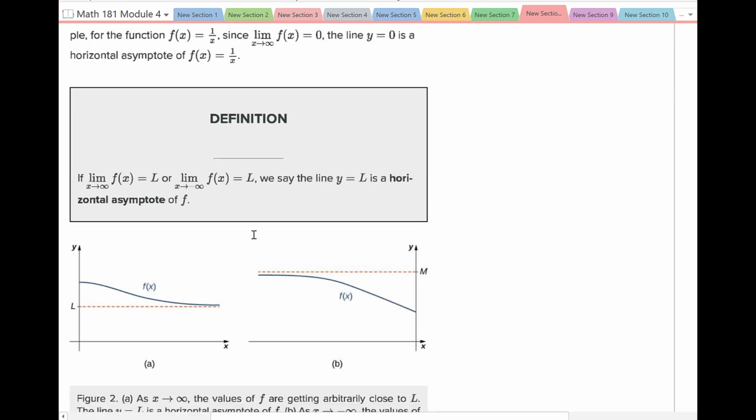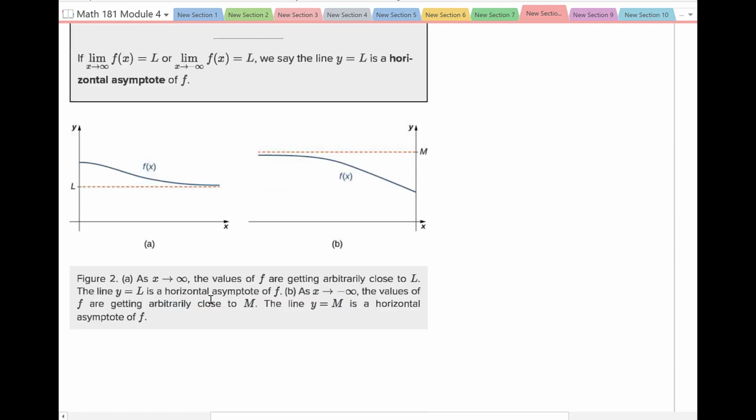So here's a definition. If the limit as x approaches infinity of f of x equals L, or the limit as x approaches negative infinity of f of x equals L, we say that the line y equals L is a horizontal asymptote. It's just horizontal asymptotes. We saw this back in our pre-calculus days, graphing different types of polynomials.